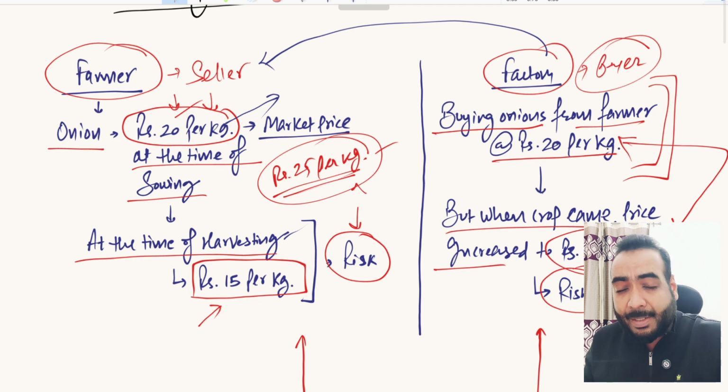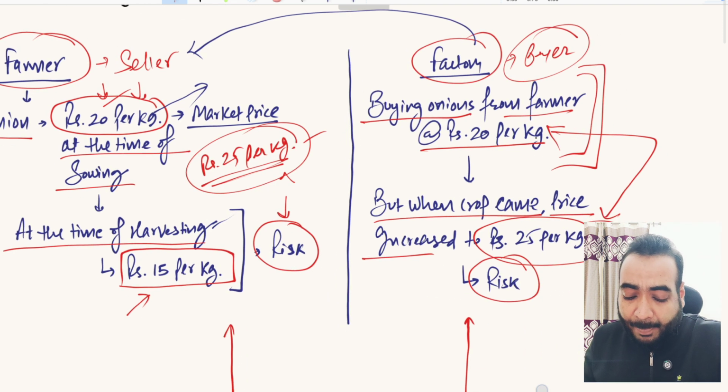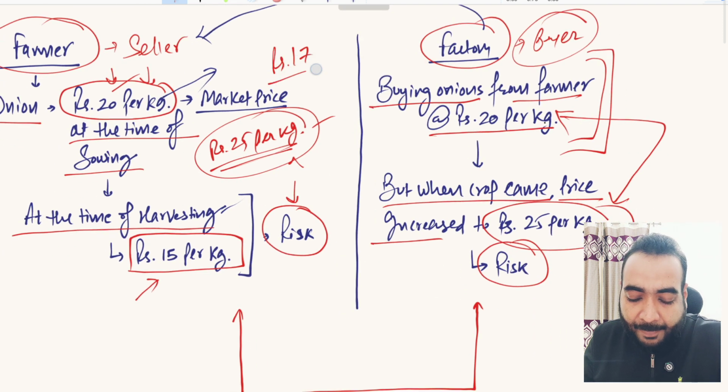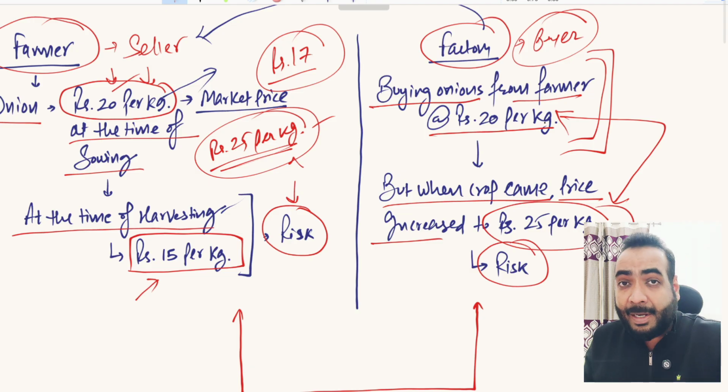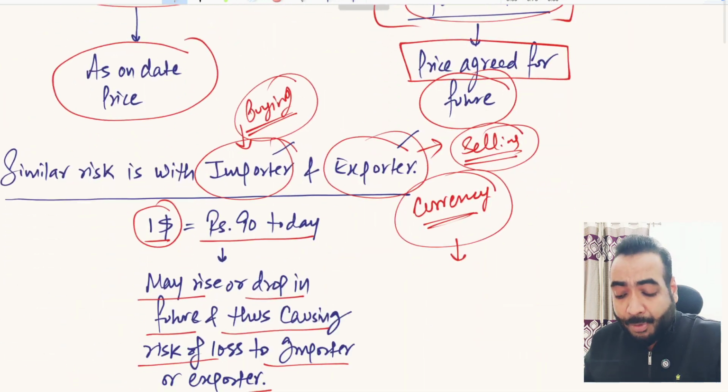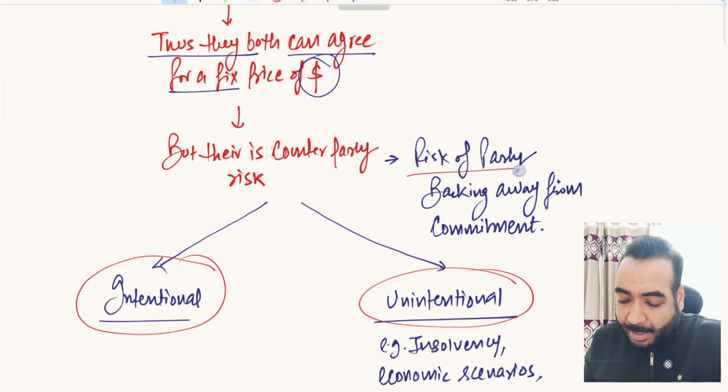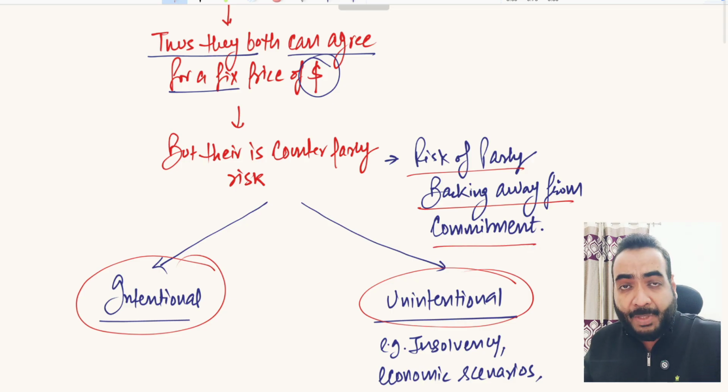Similar can happen with the factory also. If the price of onion falls to rupees 17 per kg, the factory may decide to cancel the contract with the farmer and buy the onion at 17 rupees per kg. So there is a counterparty risk that the other party may back away from their commitment.